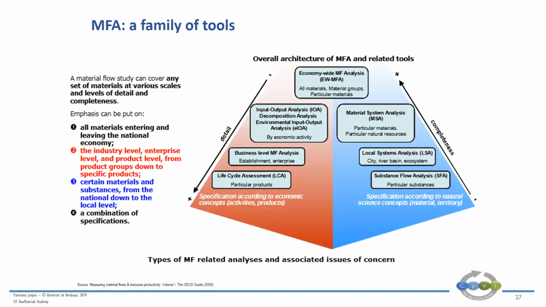So this is a graph I haven't spent much time on, but this is a family of different tools which are used nowadays to describe the material flows of a specific system you're interested in. And you can see that the input-output analysis, which I just briefly introduced here, has a very low level of detail, because you're talking often just about big sectors of big countries in general, right?